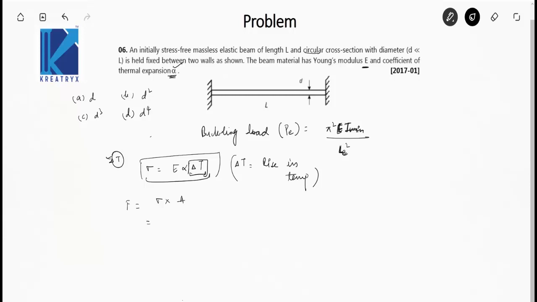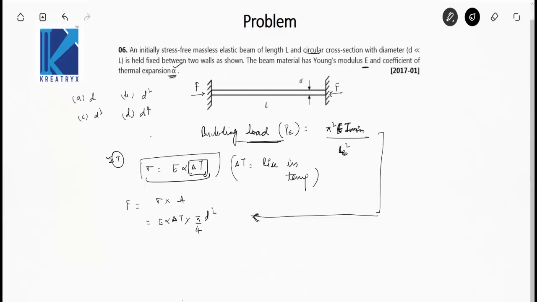So this is E alpha delta T into pi by 4 d square. And I know that the buckling load will be equal to the force or the reaction applied by the wall when the temperature is increased by delta T. This is F, this is F.